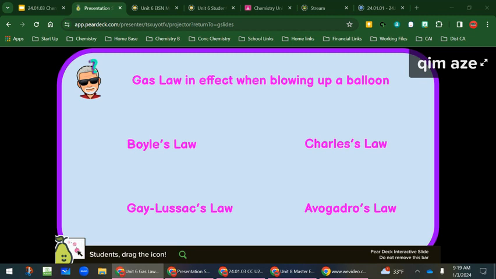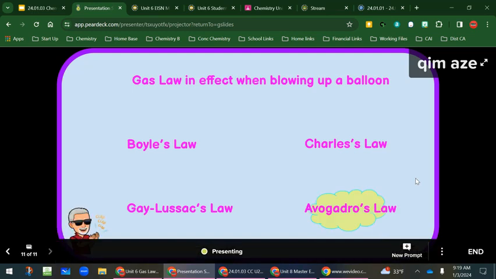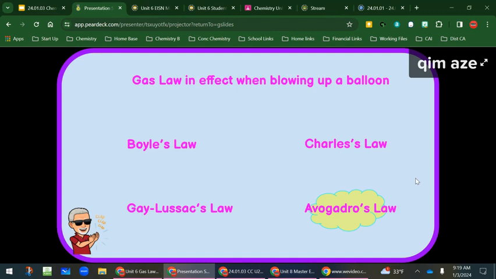Temperature changes in Gay-Lussac's, temperature changes in Charles. Pressure changes in Boyle's, pressure changes in Gay-Lussac's. The amount of gas. Which one is the only one that doesn't hold the amount of gas constant? Avogadro's. Avogadro's is the only one that does not hold the amount of gas constant. Okay? The only one. Questions?